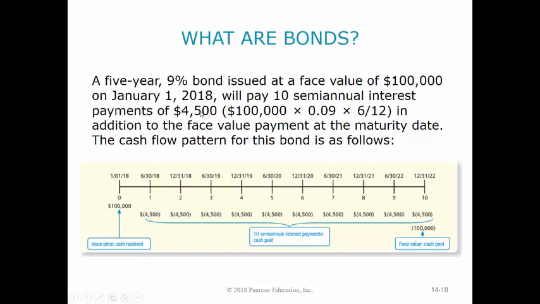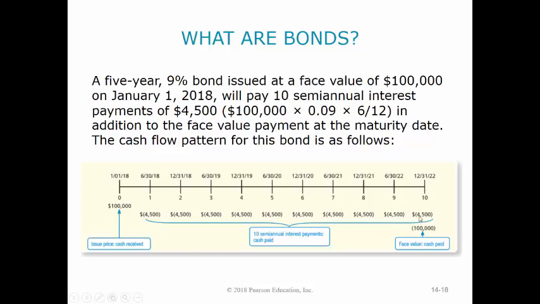Which means for the entire life of this bond, we are going to have to pay our bondholders $4,500 every 6 months. And as you can see down here from our schedule, it's exactly what's happening. Every 6 months, we have a cash outflow of $4,500 going to our bondholders.